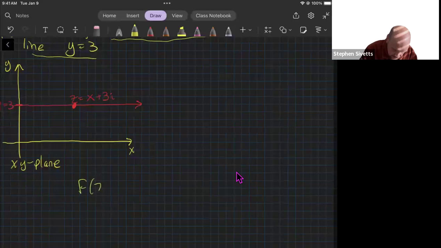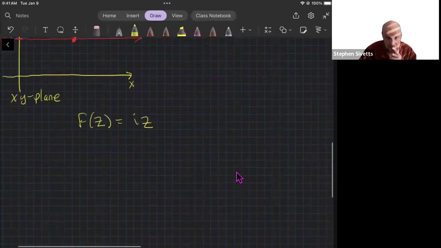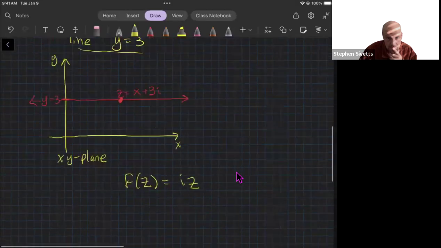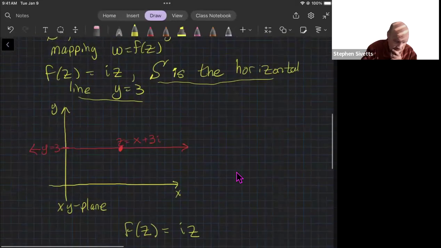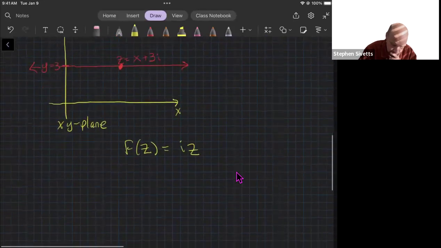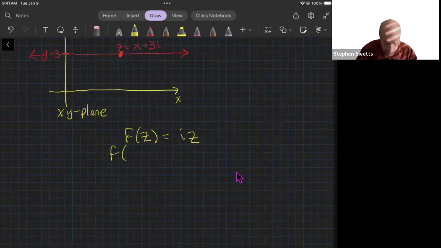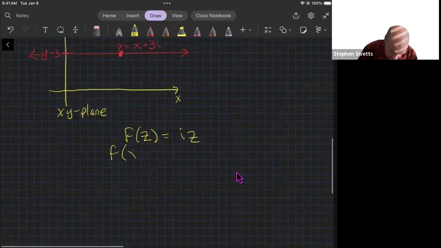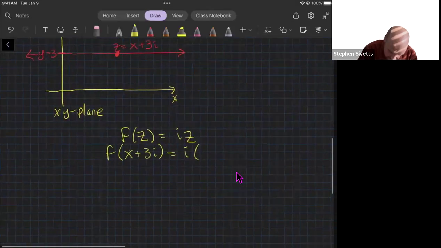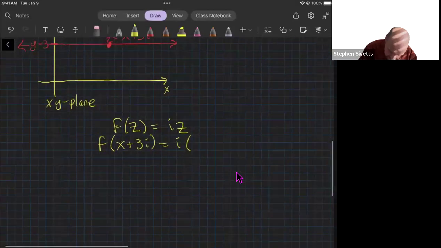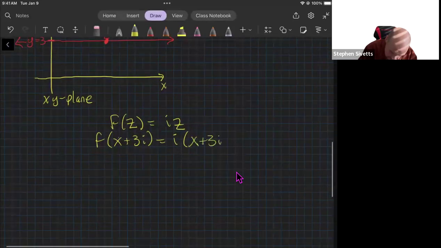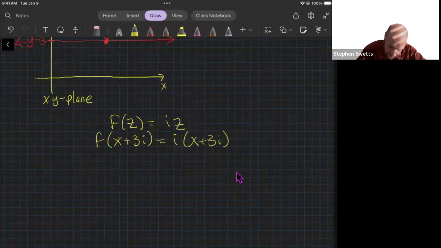We can explore this a bit further in our function, f of z equals i times z. A particular complex number on this line, x plus 3i, gives i times the quantity x plus 3i.